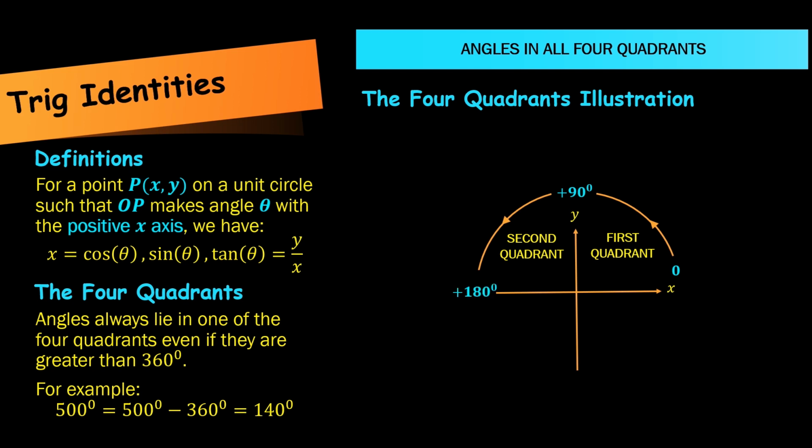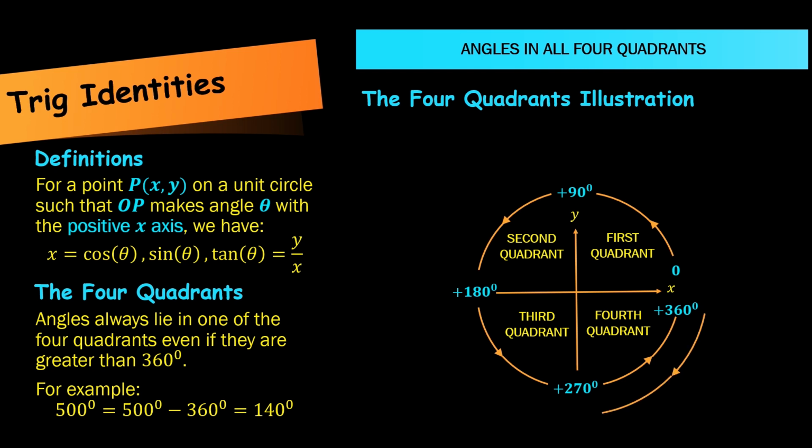After 180 degrees, we go into the third quadrant, and we stay in the third quadrant up to 270 degrees. And then the fourth quadrant is from 270 degrees to plus 360 degrees. And of course this is the same as 0 degrees.